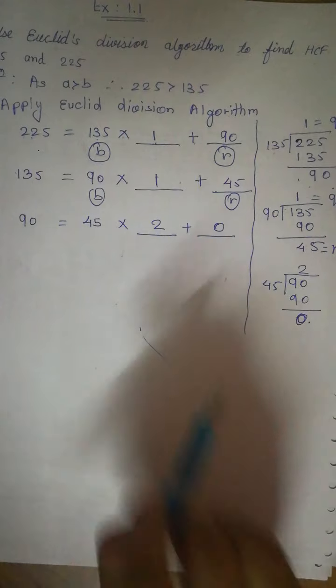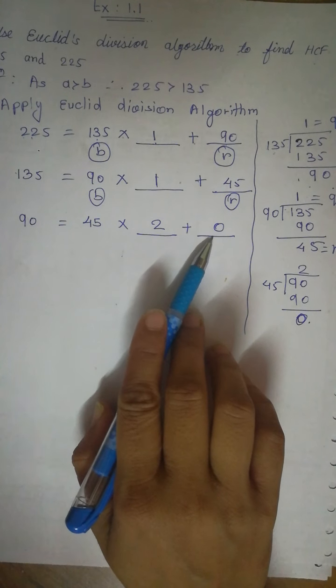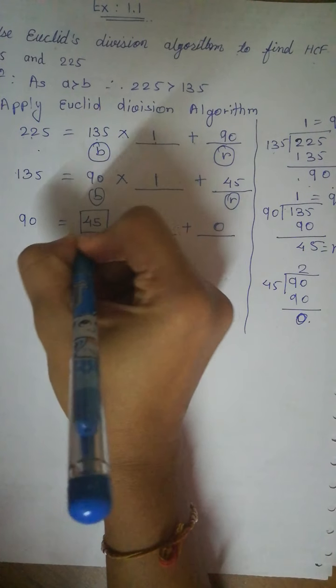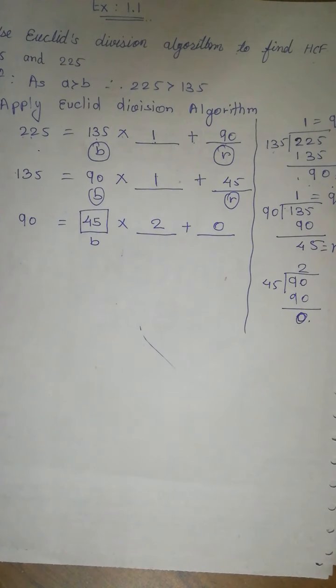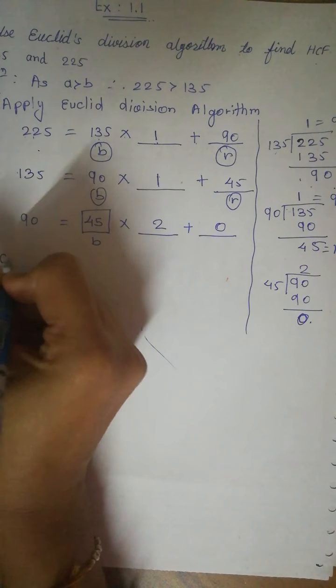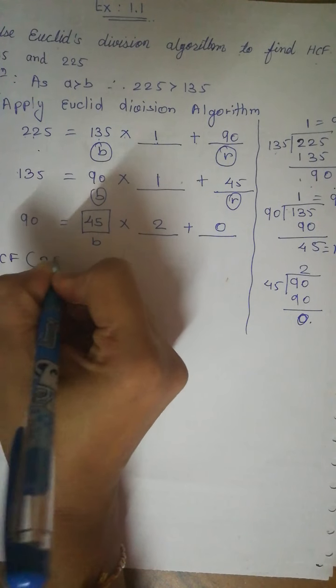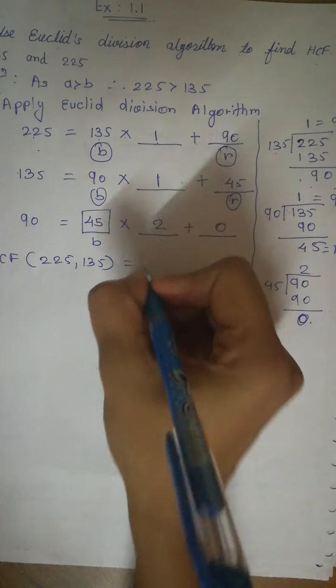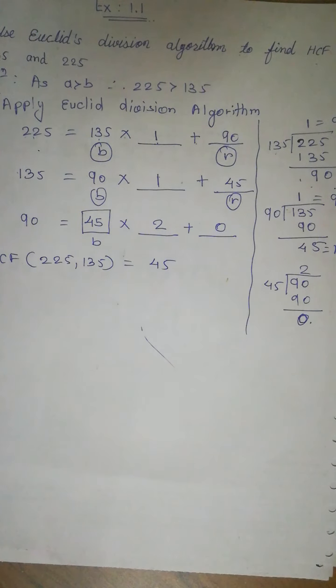At this stage, B is your HCF, as per the Euclid division algorithm. Therefore the HCF of 225 and 135 is 45.